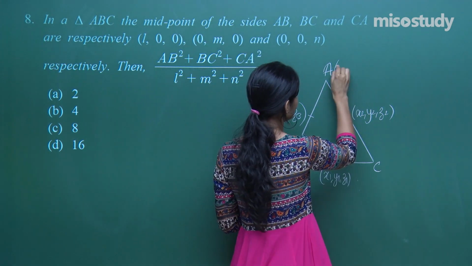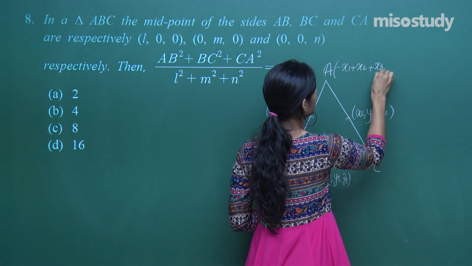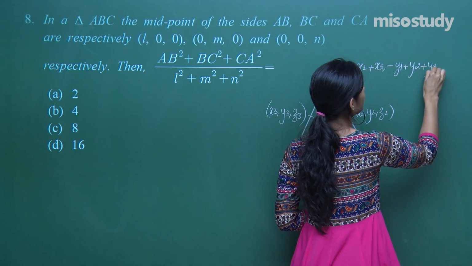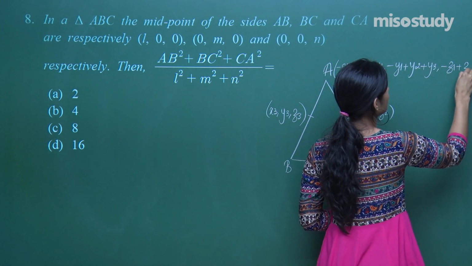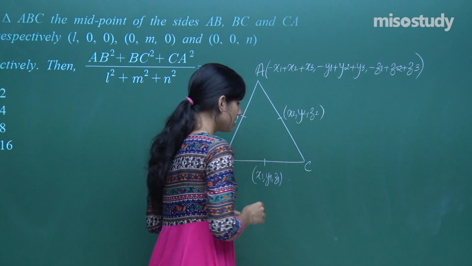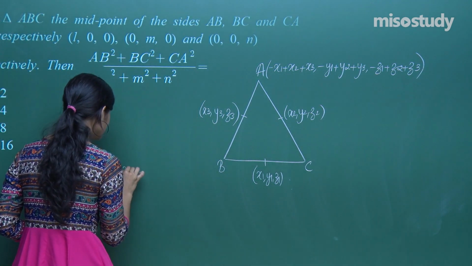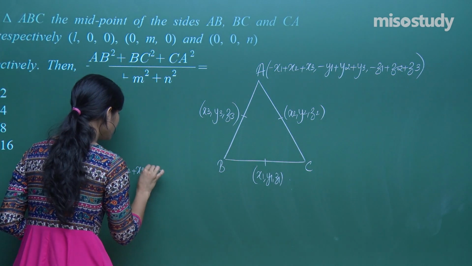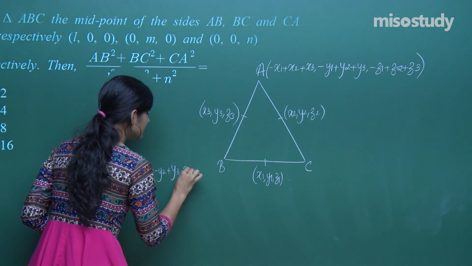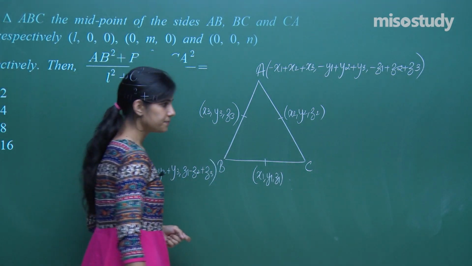Just the opposite one. A is minus x1 plus x2 plus x3, comma minus y1 plus y2 plus y3, comma minus z1 plus z2 plus z3. B will be x1 minus x2 plus x3, y1 minus y2 plus y3, z1 minus z2 plus z3.